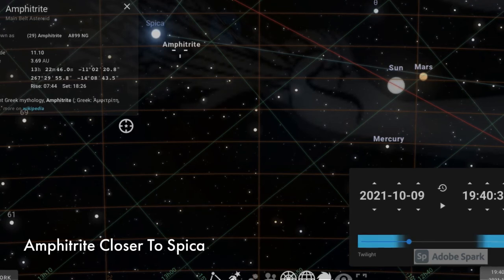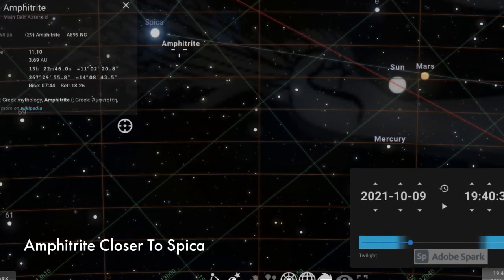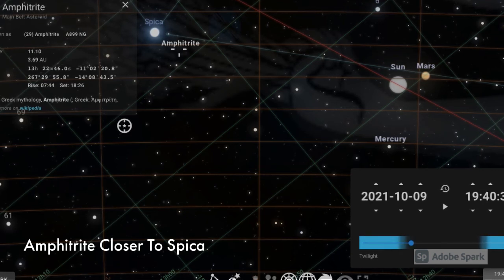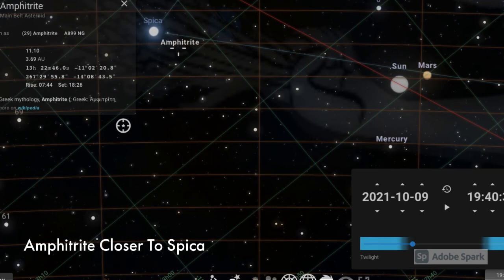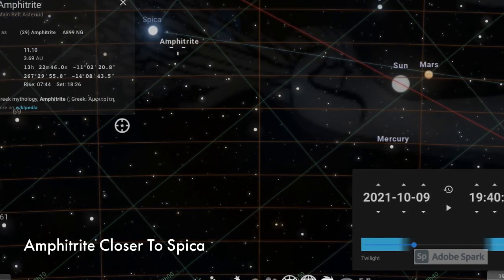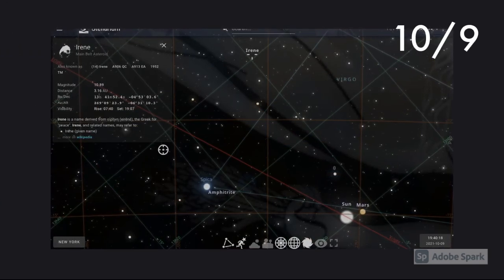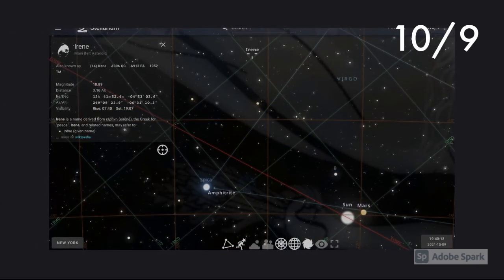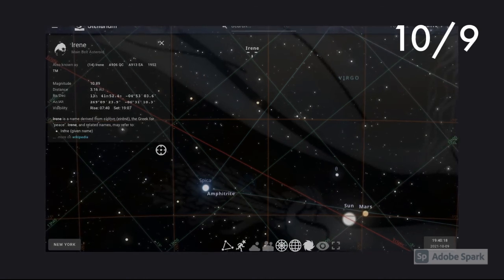Okay, October 9th, Sun and Mars, of course, really close together, and Mercury a little bit closer, and then you can notice that Irene's still there, and they are forming a triangle right now.